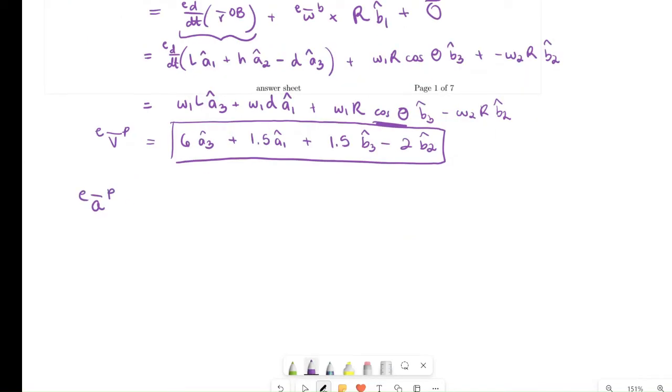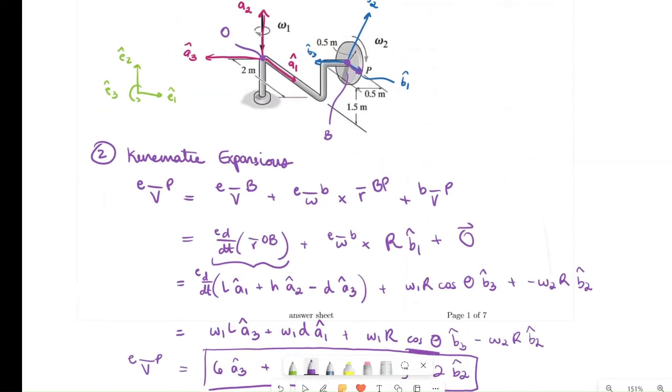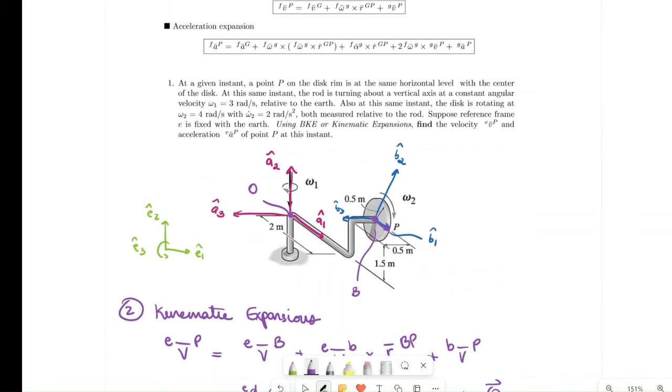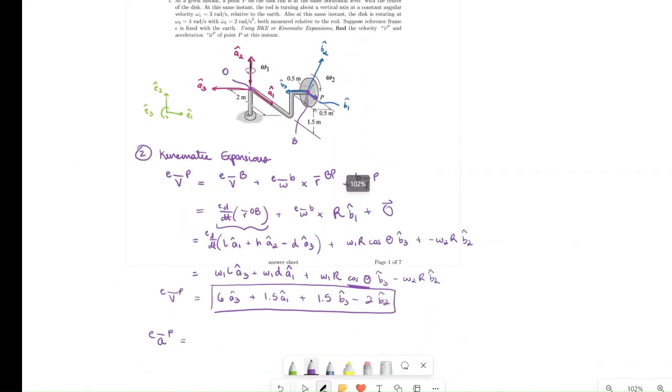So, acceleration of P and E. This is pretty much the same thing, and now we just replace all our G's and capital G's with the B's. So I'm just going to copy that down.